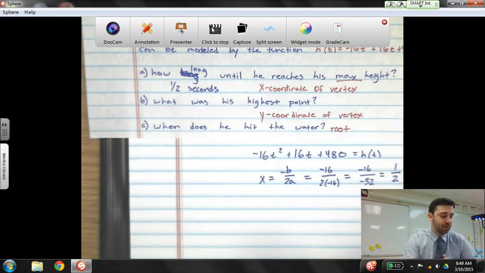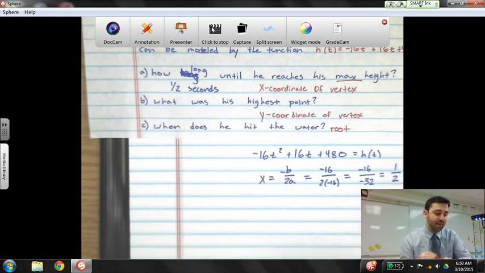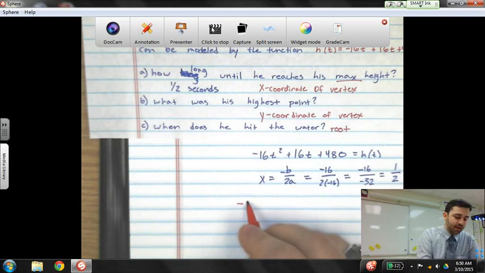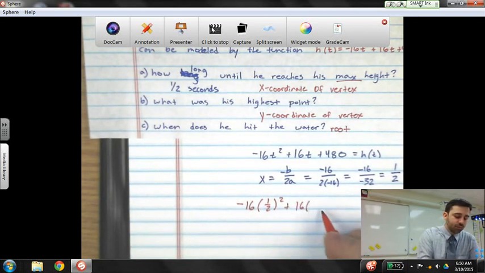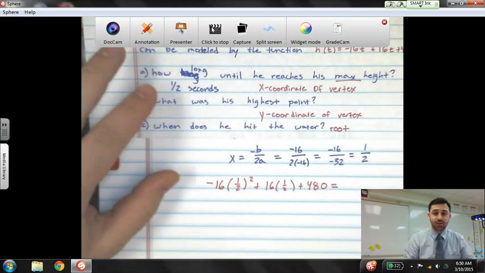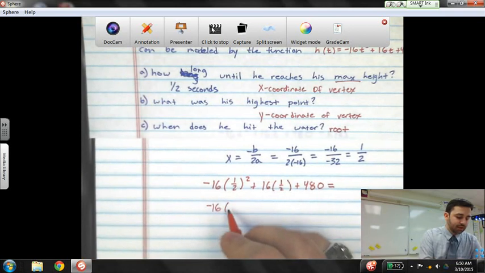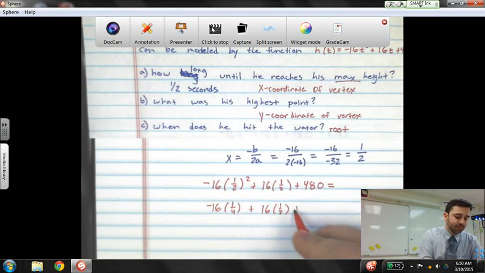The next part, what was his highest point? Now it's asking what was his highest point. So this would be the y-coordinate of the vertex. And the way I would find that is taking this 1/2 and substituting it in everywhere I see a t in the original equation to find the h of t, or the y value of the vertex. And so negative 16 times a fourth plus 16 times a half plus 480.